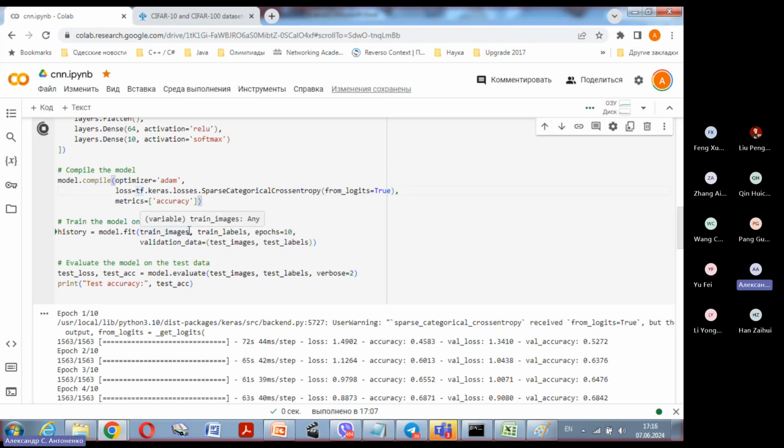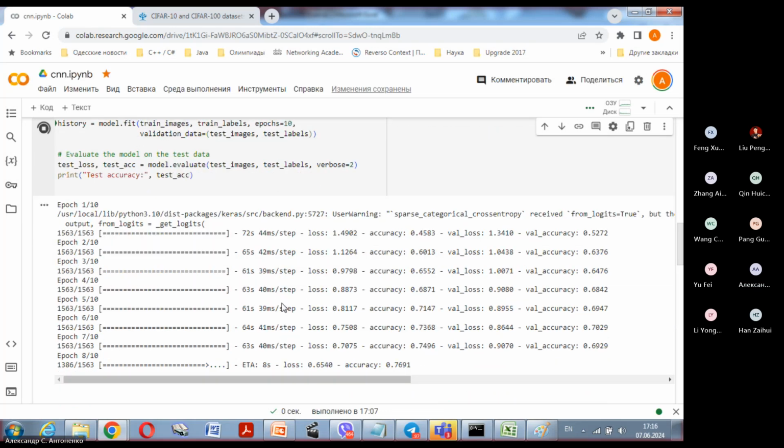So maybe it's better to use here categorical cross entropy, like I wrote in the slides.